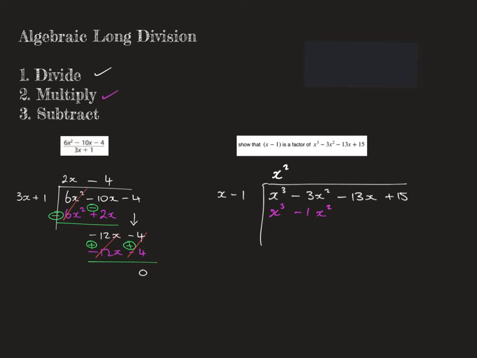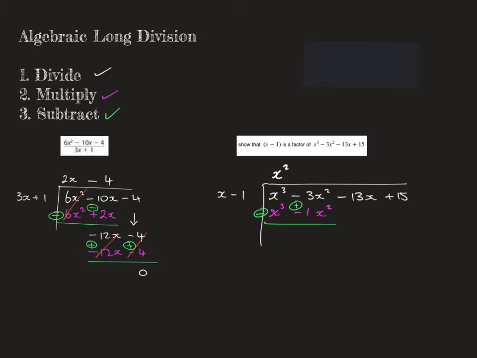So in order to subtract, I need to draw my line straight across and change my signs. So I'm subtracting, so this positive here will turn into a negative, and similarly this negative here will turn into a positive. Now we saw that in the last question, and the reason why this is the case is because I'm subtracting a negative. So if you have a negative, it turns into a positive.